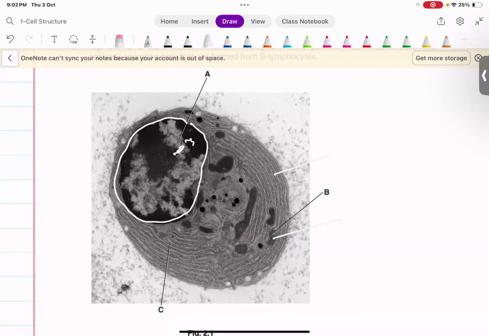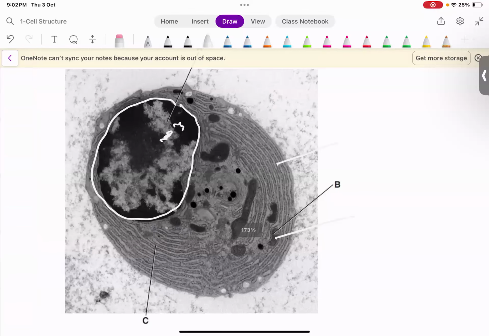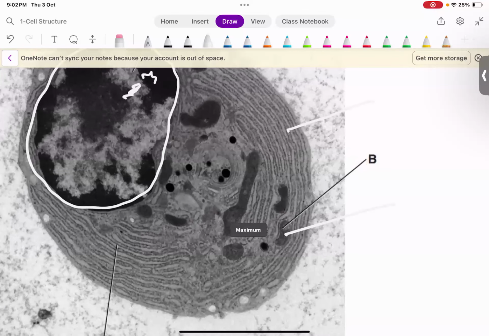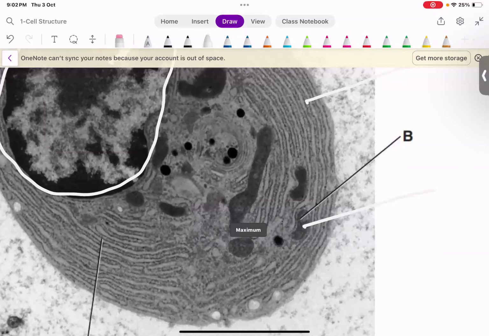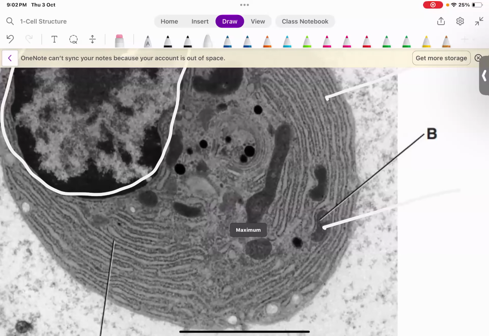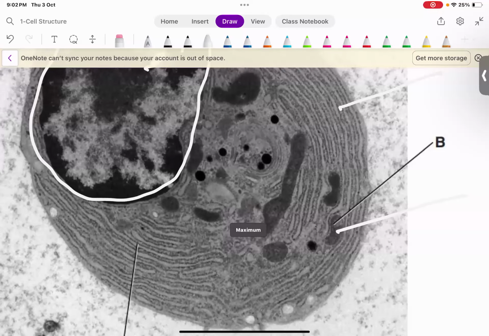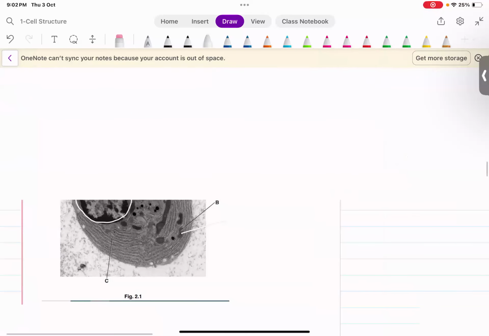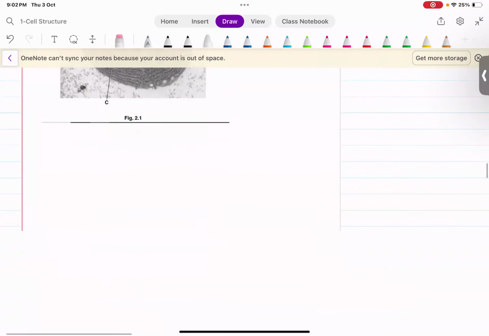More details are not visible, like Golgi bodies, lysosomes and ribosomes. If we enlarge or zoom in on this structure, maybe we can find the ribosomes attached to the rough endoplasmic reticulum. Okay, so let's see what the questions on this topic are.